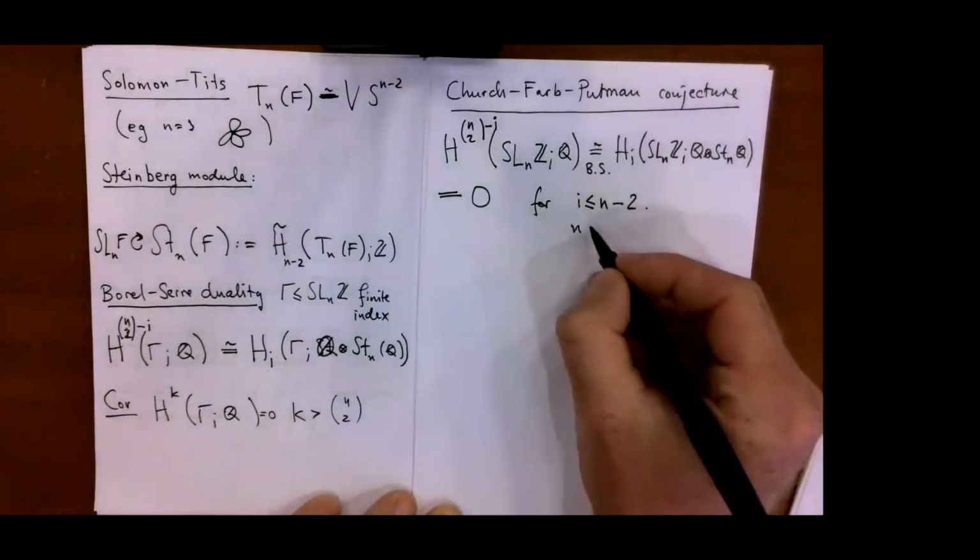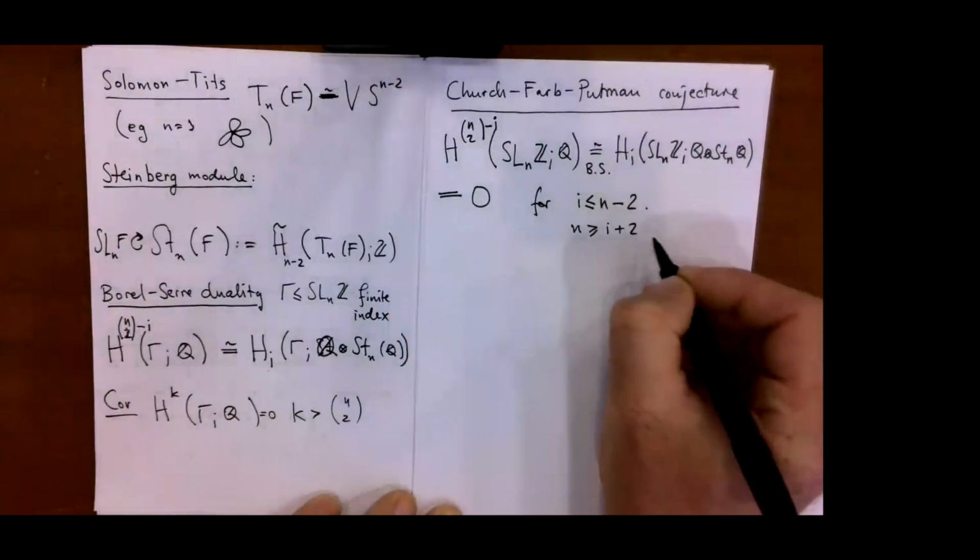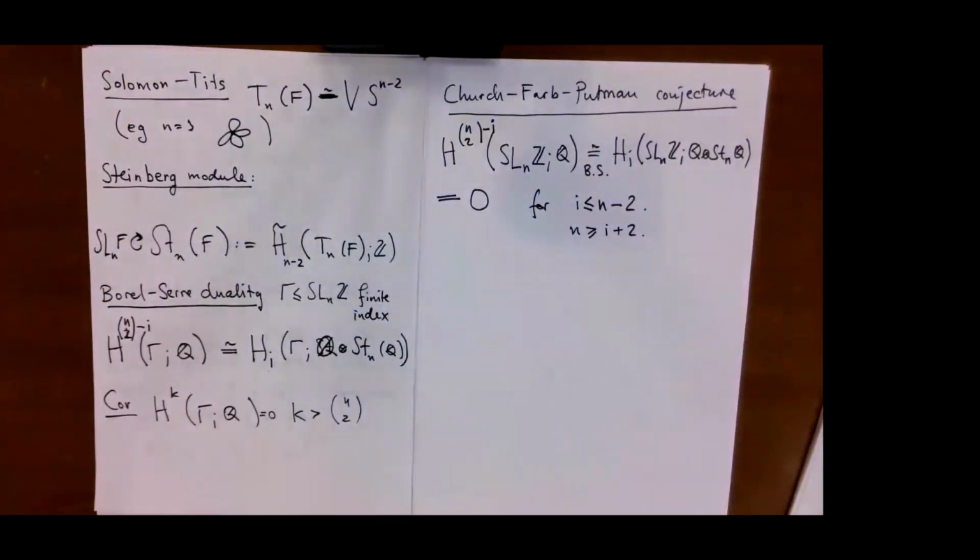Maybe I want to write this as n greater or equal to i plus 2. That's the same thing, right? So for large n, the conjecture says codimension i vanishes.